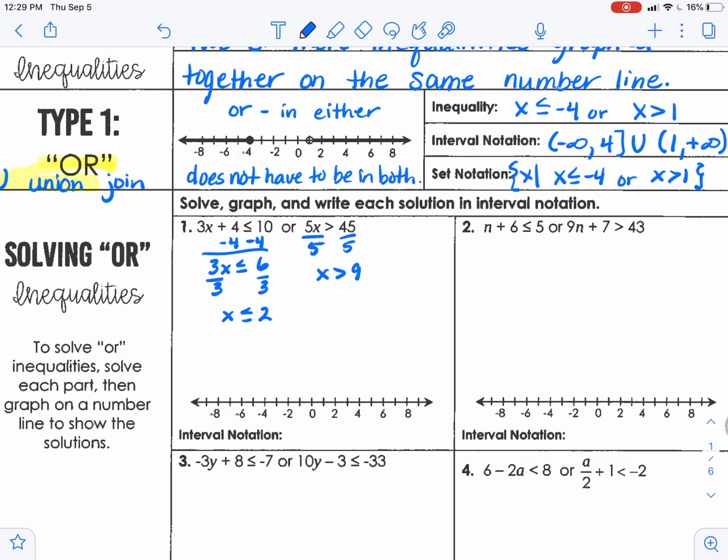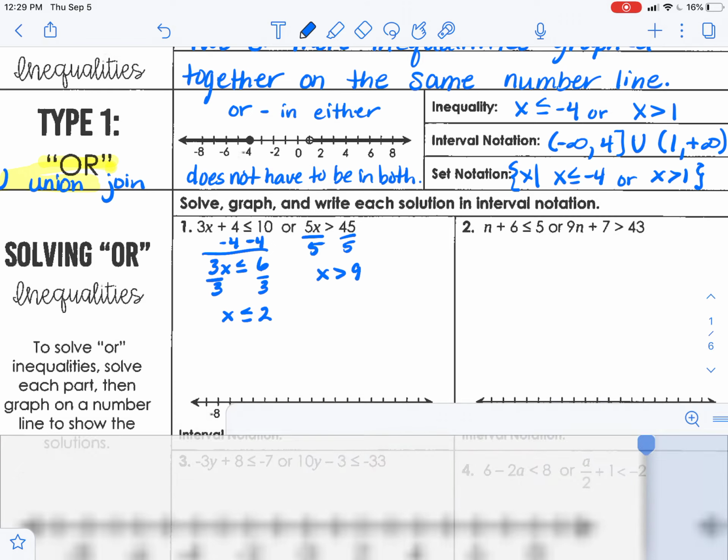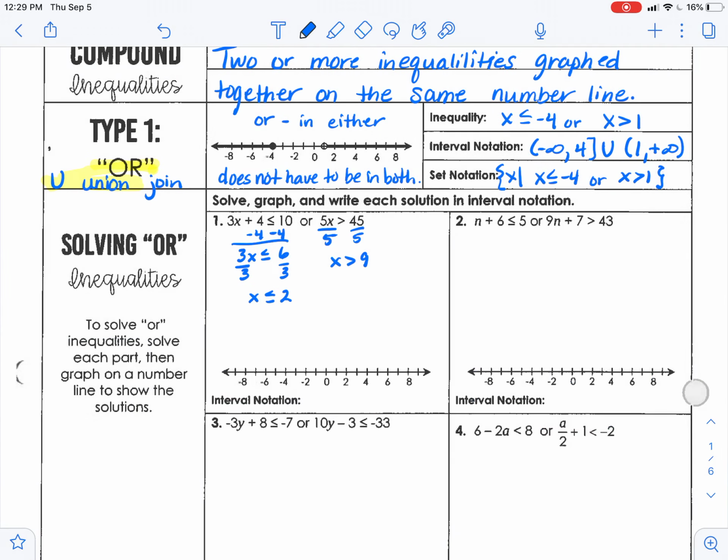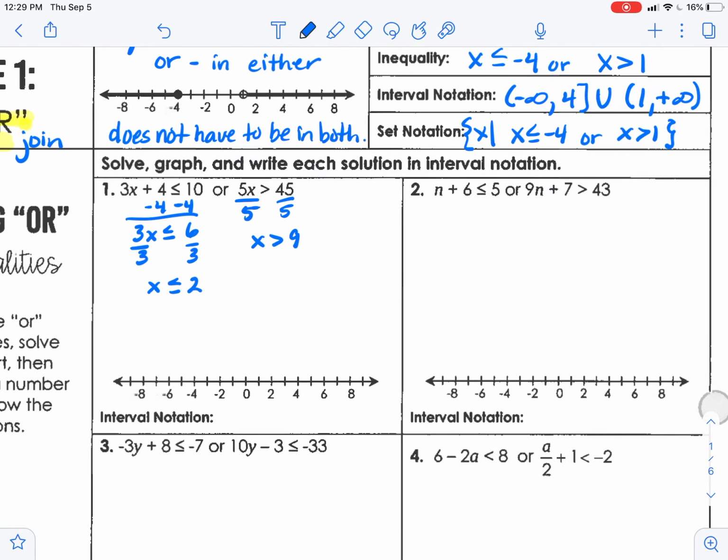So when I go to my graph, I'm going to have a closed circle on 2, and that arrow is going to go to the left, so everything less than or equal to 2. And on the right, we're going to have 9, open, and to the right.